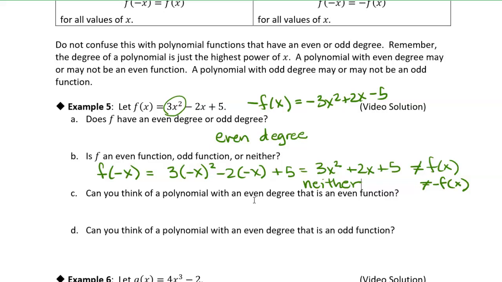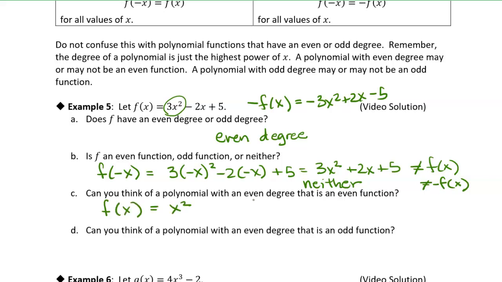All right, can you think of a polynomial with an even degree that is an even function? Well, any even power of a negative is going to be positive, right? So if we have f of x equals x squared, right?